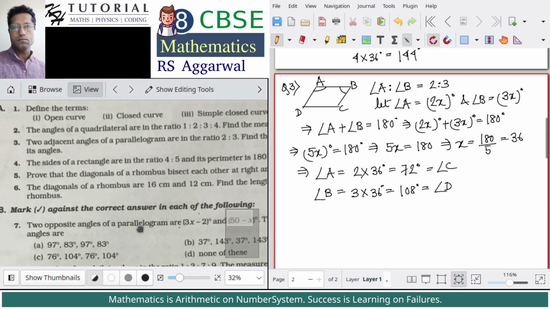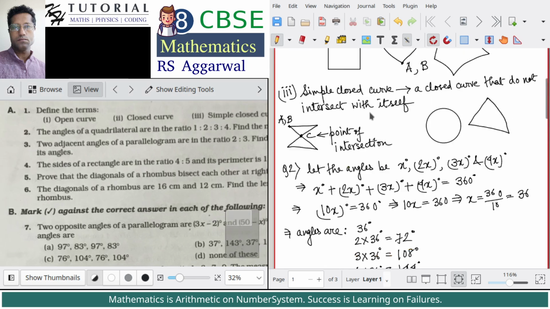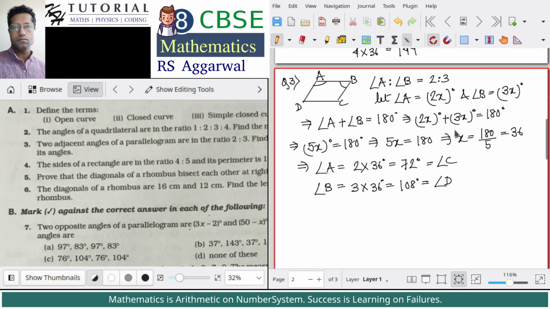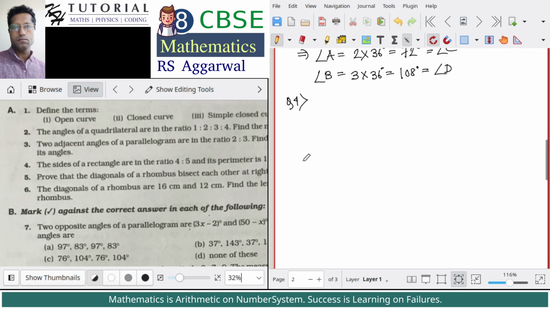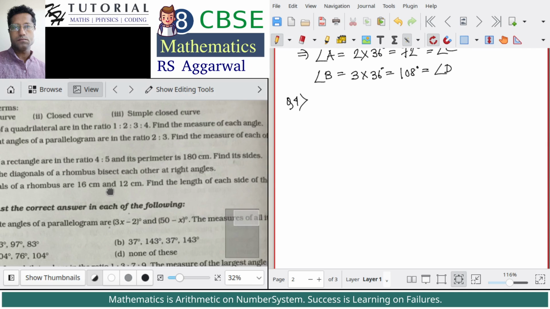Let's do the next question. All these are section A. Question number 4 says the sides of a rectangle are in the ratio 4:5 and its perimeter is 180 centimeter. Find its sides.